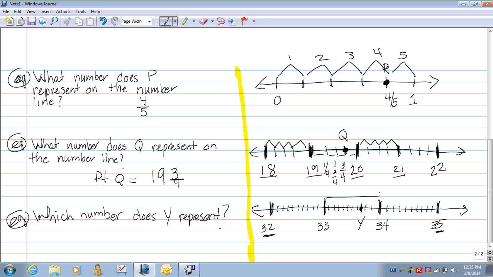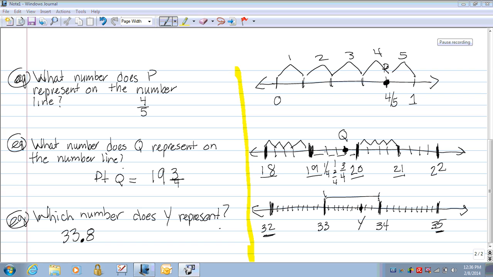Because it falls between the whole numbers 33 and 34, we know that it will be 33. If I want to write a decimal for point Y, then I count 1, 2, 3, 4, 5, 6, 7, 8. So it will be 33 and 8/10. Push pause. That is your notes for today.